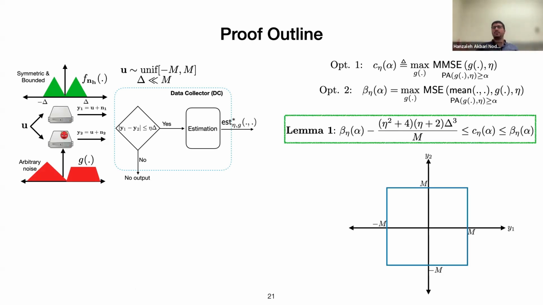The whole intuition behind this idea is that the range of the computation for y1 and y2 is going to be between these, a square, okay? From minus m, and also for y2 from minus m and f.